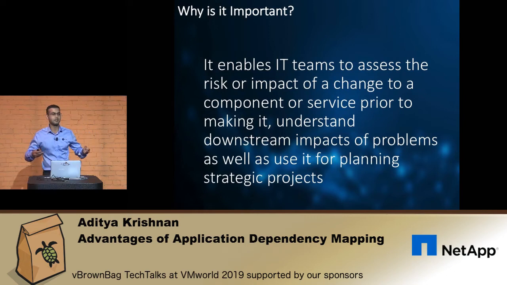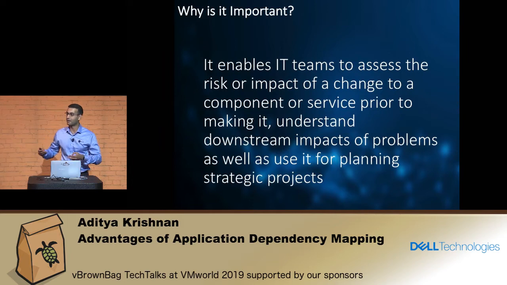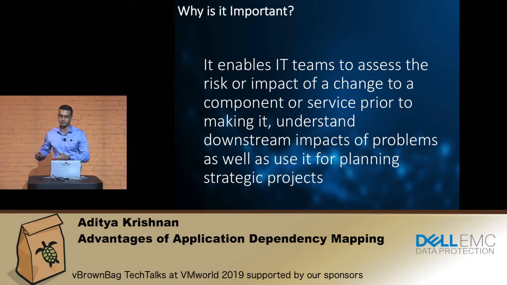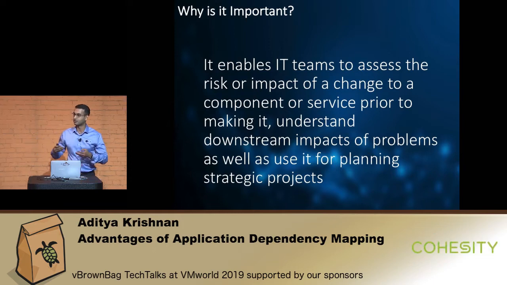Secondly, it helps us in identifying any application performance issues, all the way downstream, to show where exactly the bottlenecks lie within the environment. And finally, it's used for planning of critical projects such as disaster recovery and cloud migration projects as well.